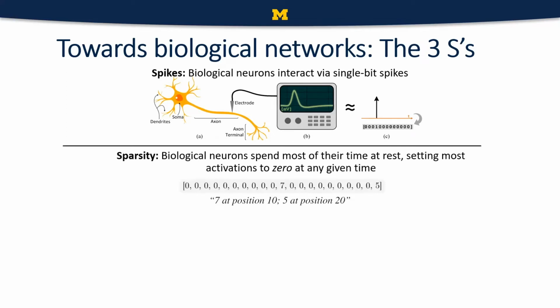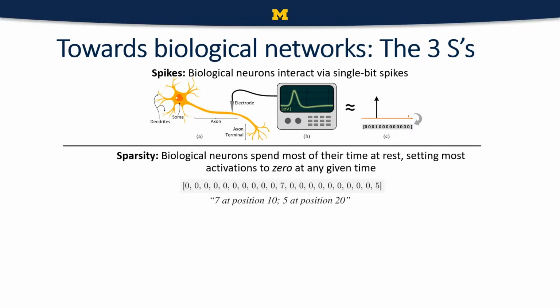On the other hand, we've also got sparsity, right? If most of the values in a matrix, in a vector, in any sort of data structure are zeros, then it makes a lot more sense to represent that data structure differently, rather than describing it out loud and saying 0, 0, 0, blah, blah, blah, 7, 0, 0, 0. It's far more efficient for me to say 7 at position 10, 5 at position 20, right?